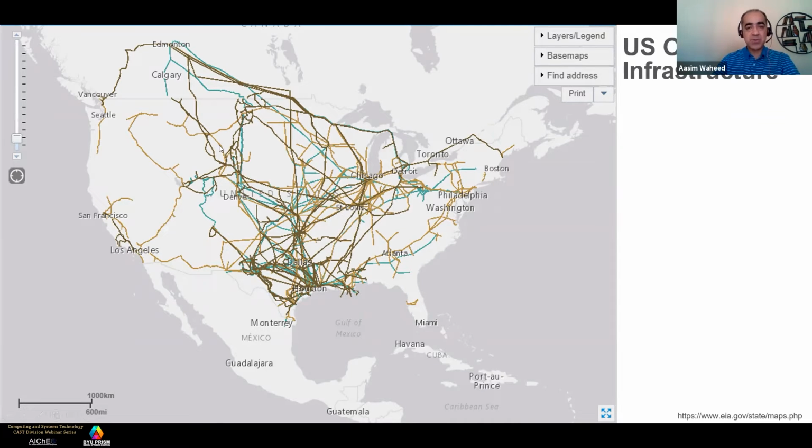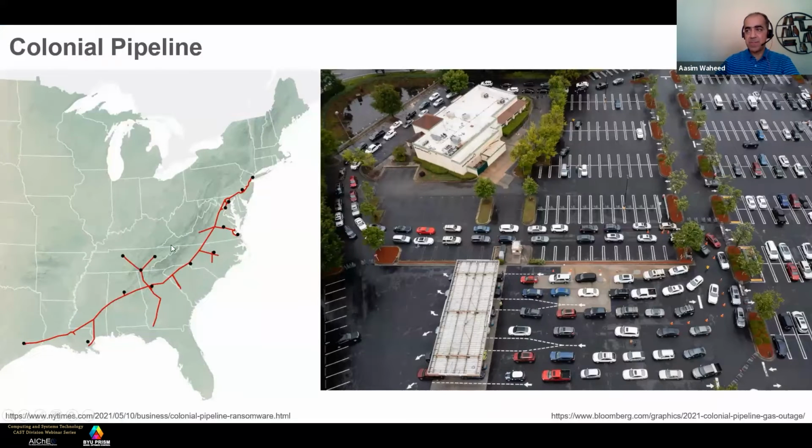And as you would imagine, it's very well connected and very interdependent also. Some of you, if you were following what happened to the Colonial Pipeline some time ago, this pipeline running all the way from Houston, going all the way up to New York is the Colonial Pipeline. When that failed, we saw what happened.